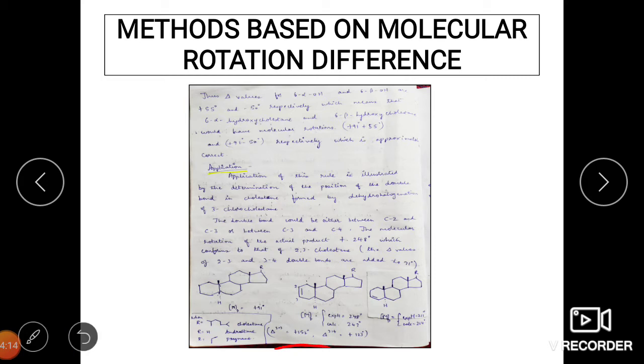So we add 91 and 152, and we get 243 as our answer. That means the double bond was present between 2 and 3 for the value of 248 to be obtained as the actual product. This is how we can do structural elucidation for steroid molecules using the molecular rotation difference. So this is one technique.